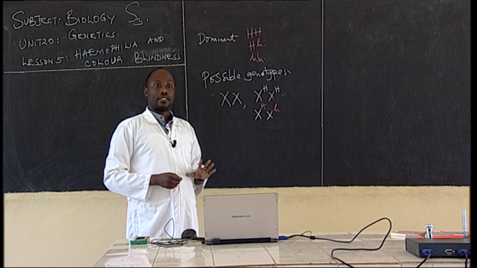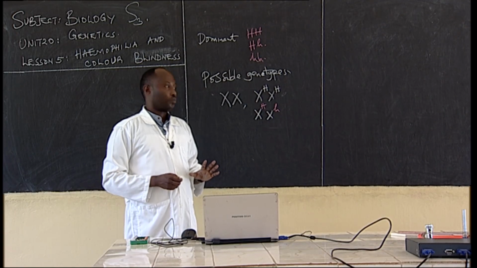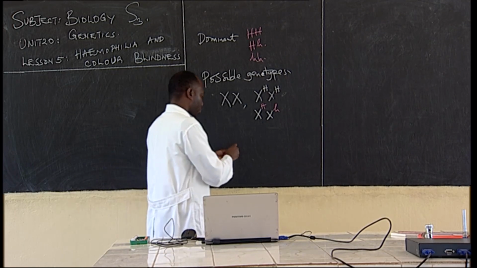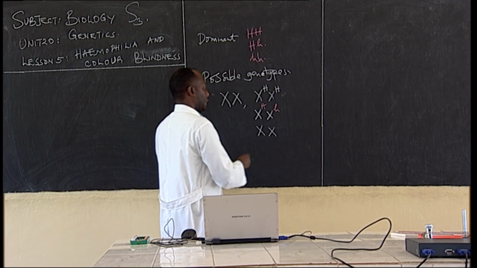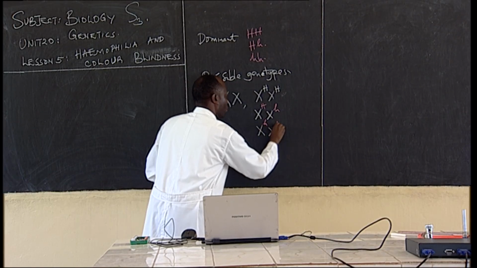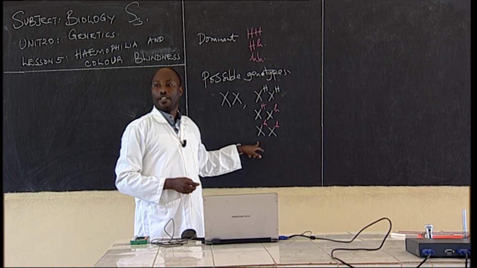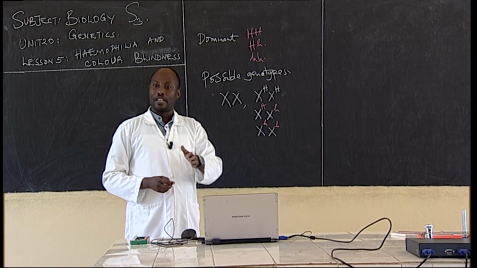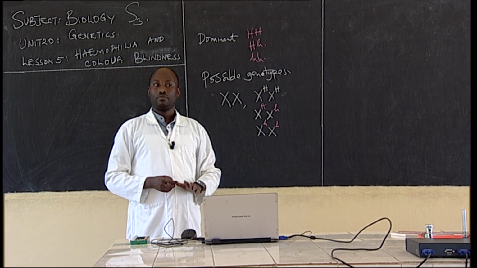Phenotypically, you can't tell that she is affected. Then I have X with small h and X with small h. This woman is totally hemophilic. Once she gets damaged, it's hard for the blood to clot. Okay?